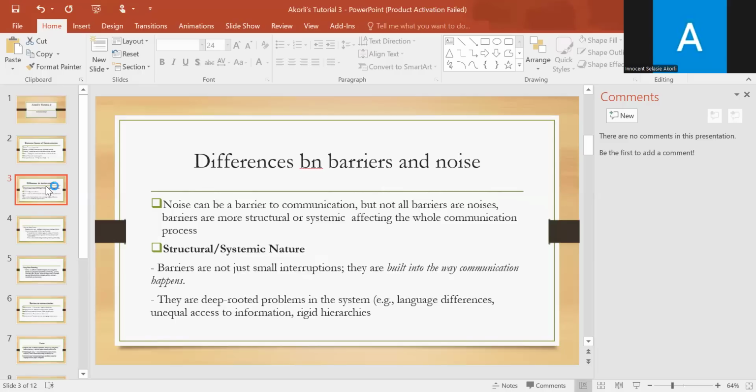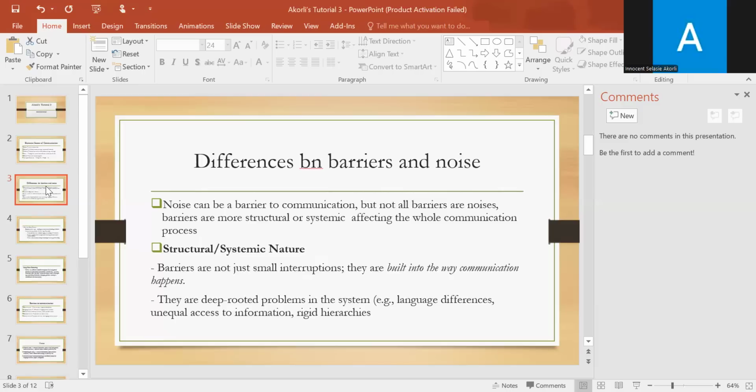So barriers are not just small interruptions. They are built into the way communication happens. They are built into the system.